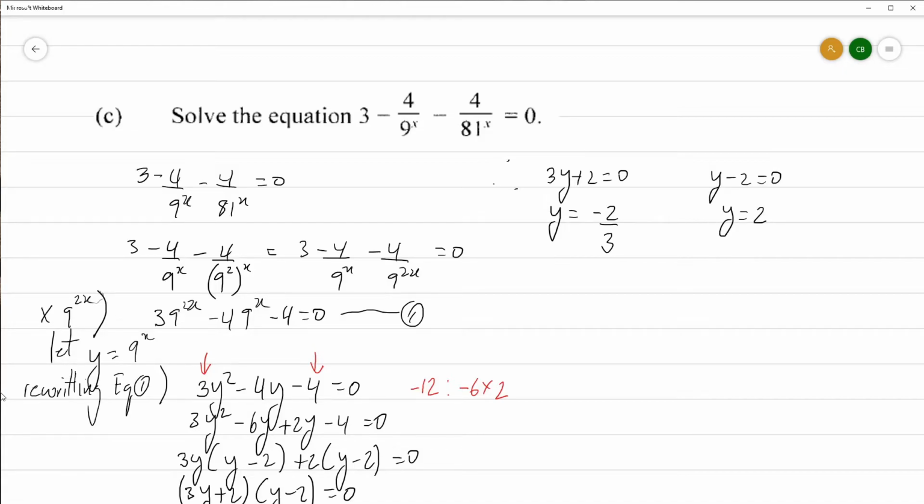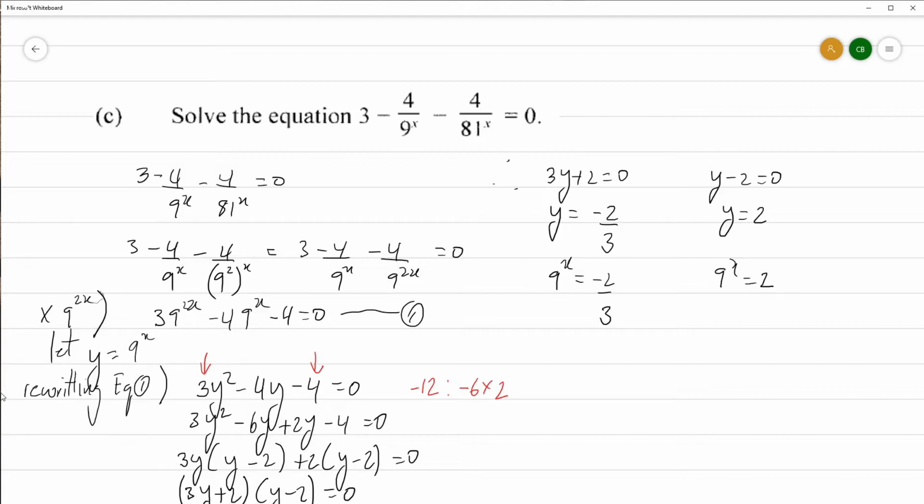But we have to remember that y is 9 to the x. So we have to substitute back y for 9 to the x. So we have 9 to the x is minus 2 on 3. 9 to the x is equal to 2.